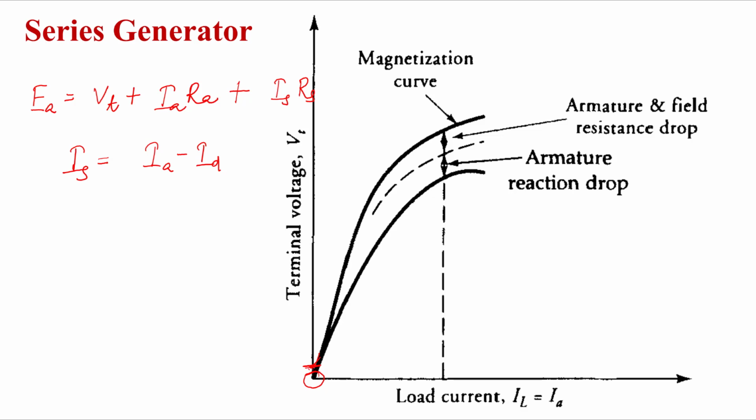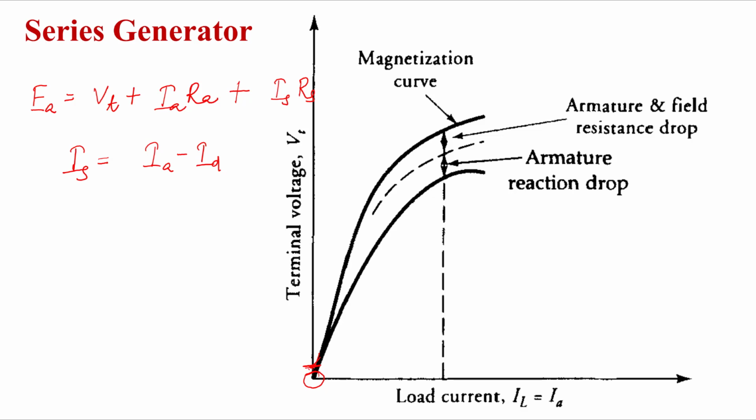Now as soon as the load is connected, it will start developing the voltage. With that residual voltage, it will supply the initial current to the load, then it will start developing the voltage, right? So gradually it will develop. So your terminal voltage therefore will completely depend upon the load current, unlike in case of the shunt generator, right?